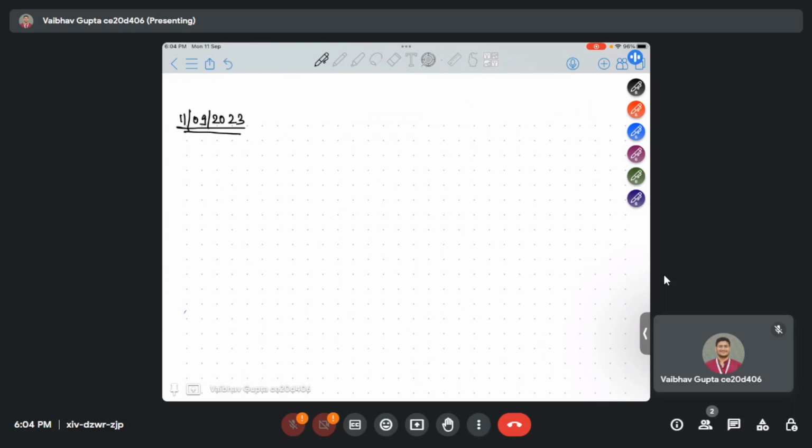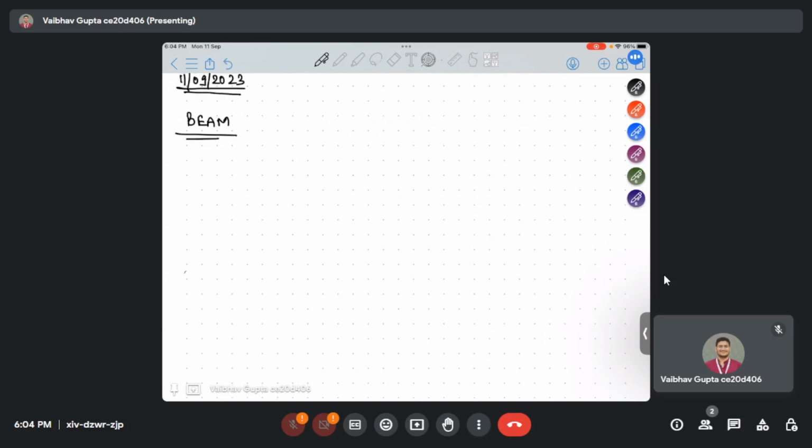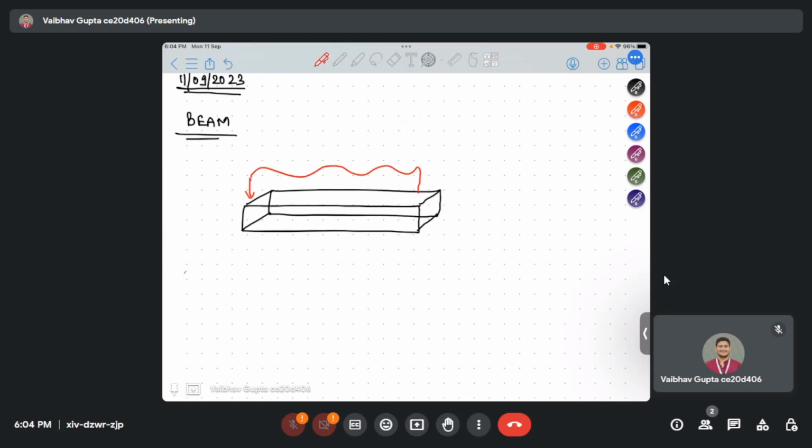Okay. So beam. Suppose we have a beam like this. I'll be doing it for the general loading case, and the load has been applied like this. Our coordinate system is as usual x, y, and z.